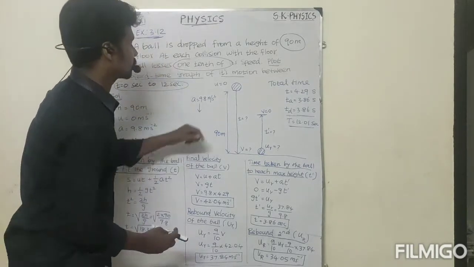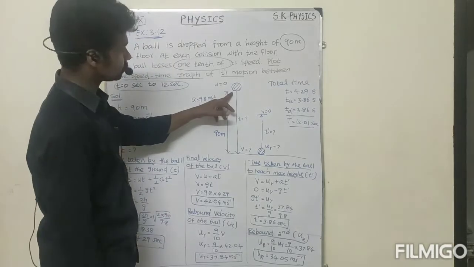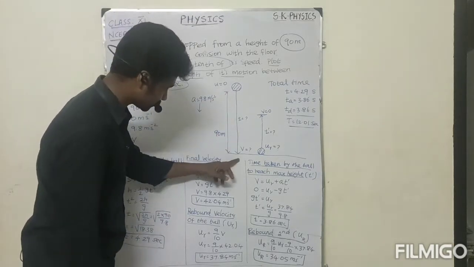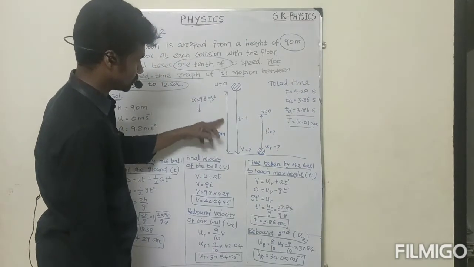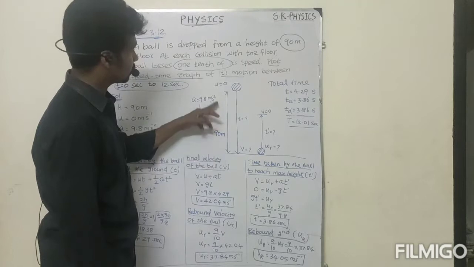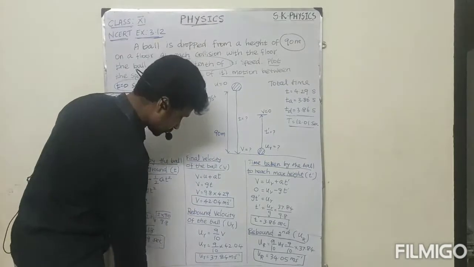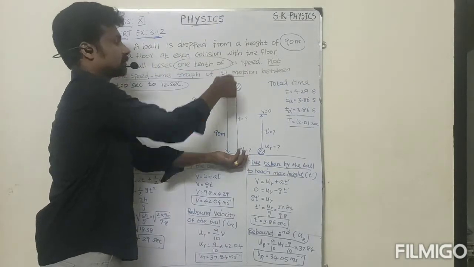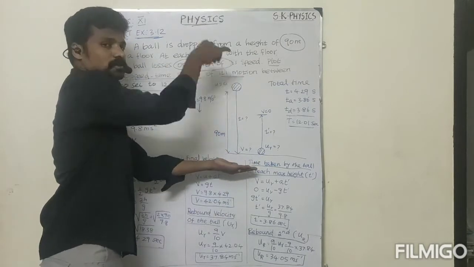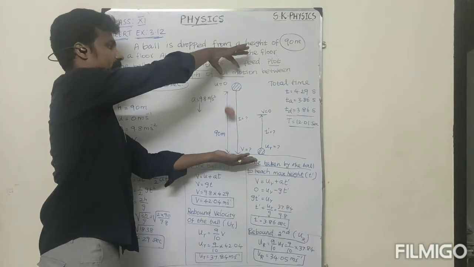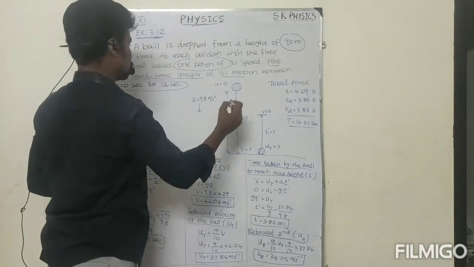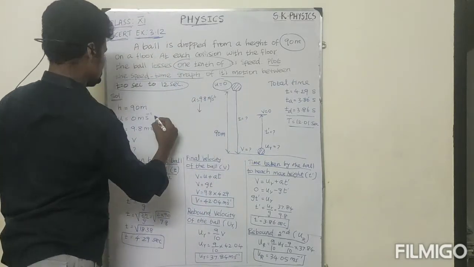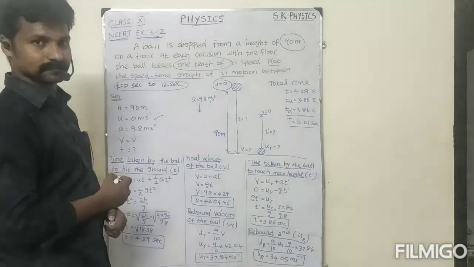Now this is the ball. The ball hits the ground. The height is 90 meter. While we leave the ball at a particular height, initial velocity is 0, so no need to push, just leave the ball. So initial velocity is 0 meter per second.